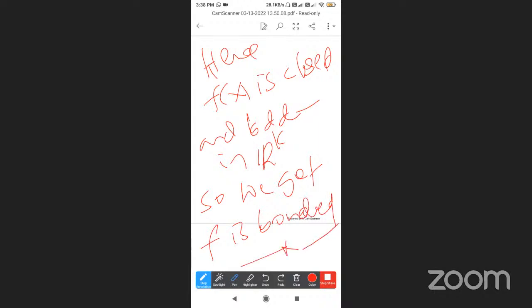Once again, the theorem is 5.3.3. If F is a continuous mapping from a compact metric space X into R power of K, then F of X is closed and bounded.